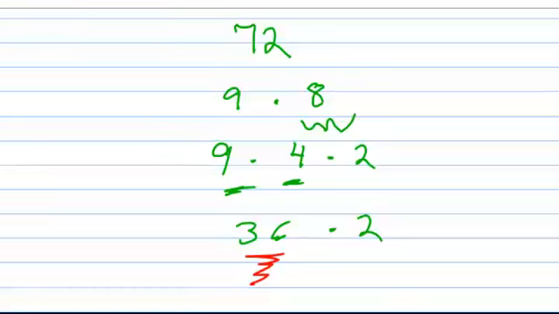Does everyone understand what I did there? Not really? Okay. I looked for a perfect square that went into 72, and I didn't see 36, but I saw 9. So 72 is 9 times 8. It wasn't the biggest because 8 still has a perfect square in it. So I keep my 9, but I factor this. I say, okay, this is the perfect square 4 times what? 4 times 2.